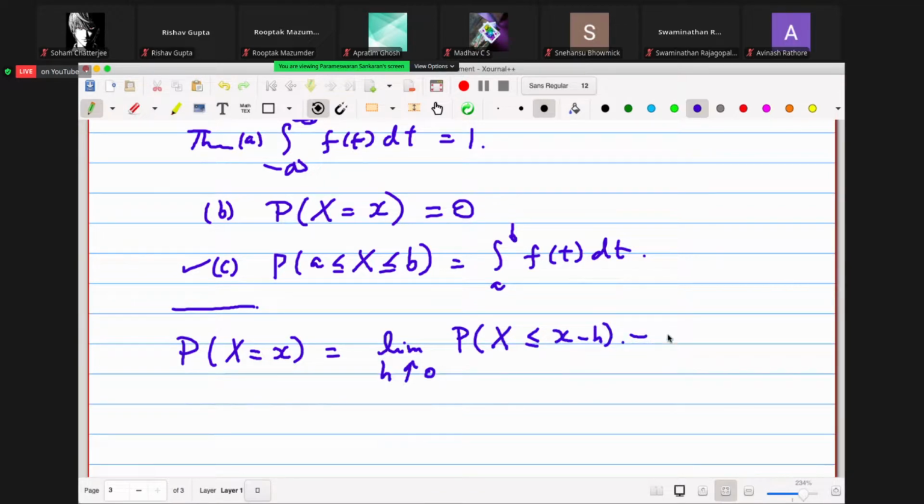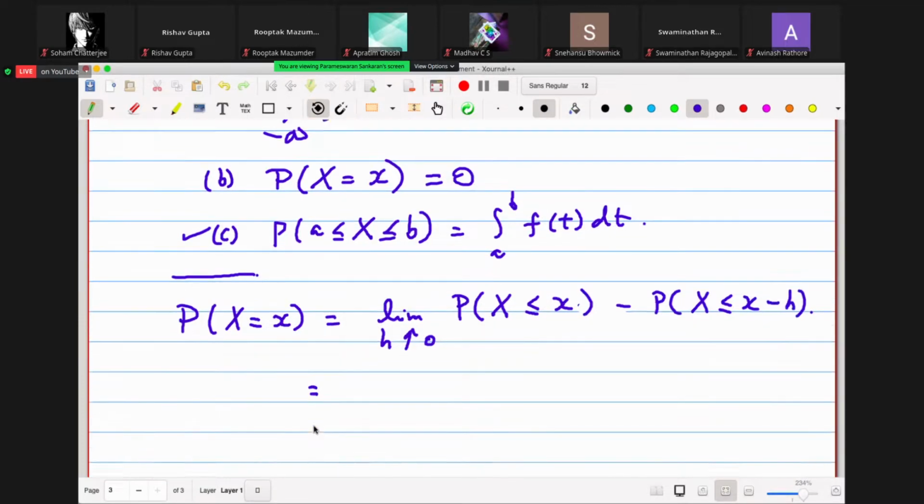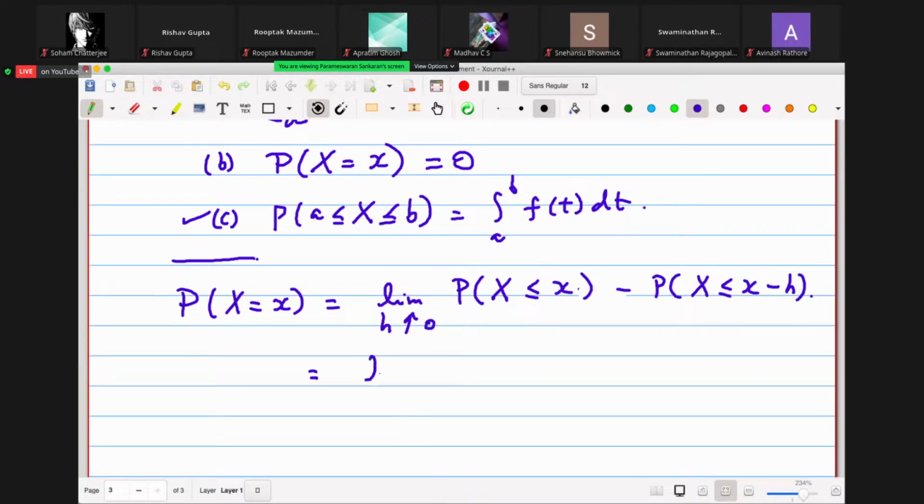So let me write x minus h here. By the properties of integrals, this is the limit as h goes to 0 of the integral from x minus h to x of f of t dt.